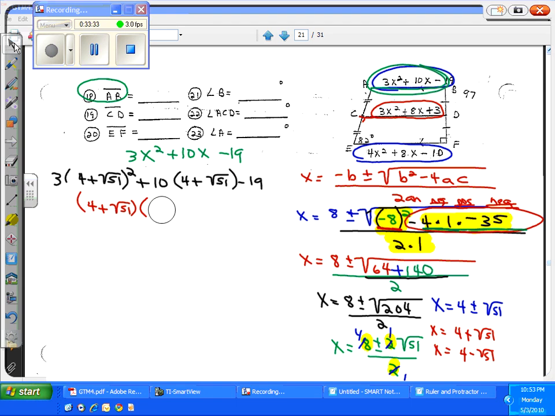I'm sorry, I'll get this right. 4 plus square root 51 times itself, 4 plus square root 51.